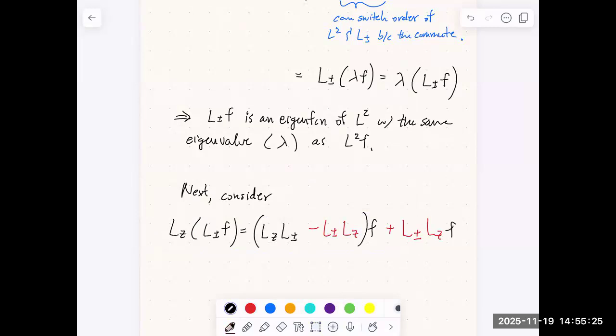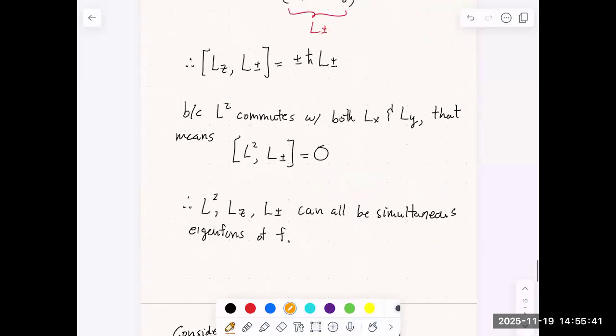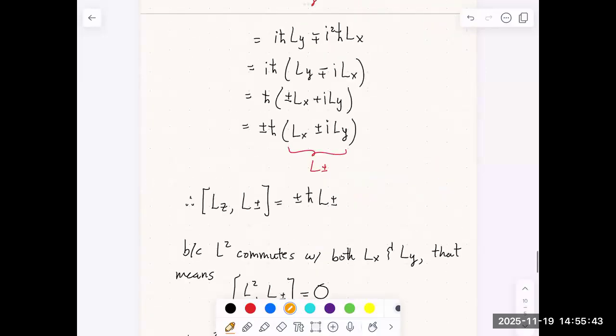Okay, good. Why did I want to do that? Well, we can write this as the commutator of Lz and L plus minus. But we've already worked that out. There it is. It's plus minus h bar L plus minus.